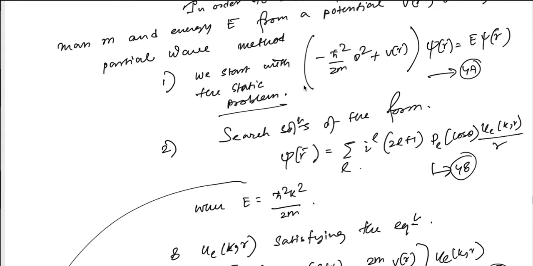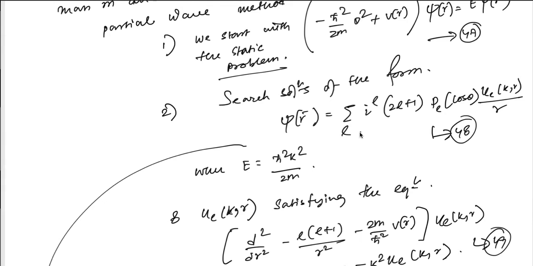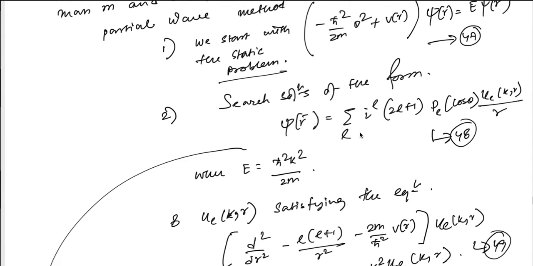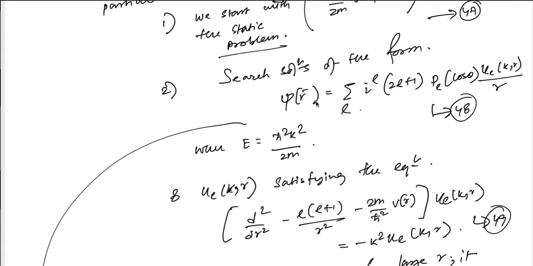You will do it by solving this particular static problem as we set up, which is a kind of problem which you know how to solve very well. And we have to search for solutions of this form, because we are talking about scattering at asymptotic solution, because the incoming wave is definitely of this form, where the energy is h-bar squared k squared by 2m, and the u_l(kr), the radial part, satisfies this radial equation.